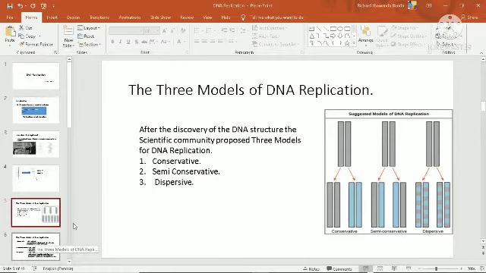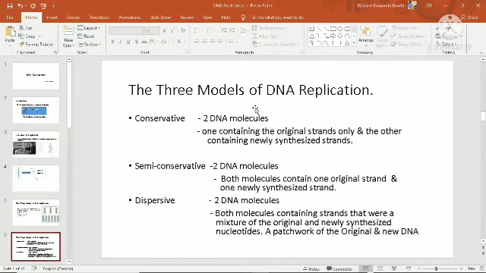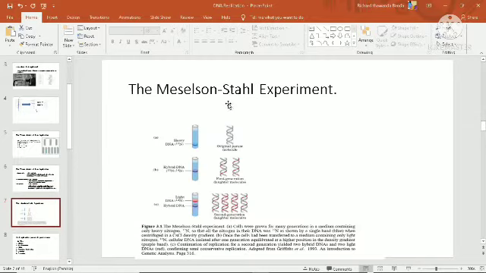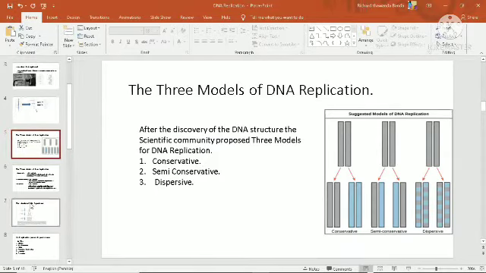Yes. Okay. So after these models were suggested, Meselson and Stahl carried out an experiment to try and determine which model DNA followed during replication.